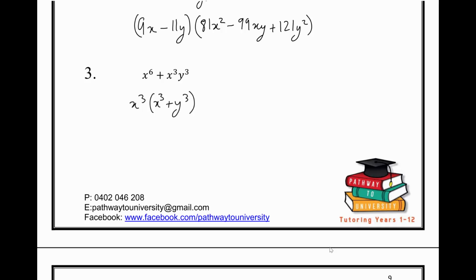From the bracket, we note that this is the same as the first question, and as such we can just write what was above into this part. So what we end up with is x to the power of 3 times x plus y times x squared minus xy plus y squared.